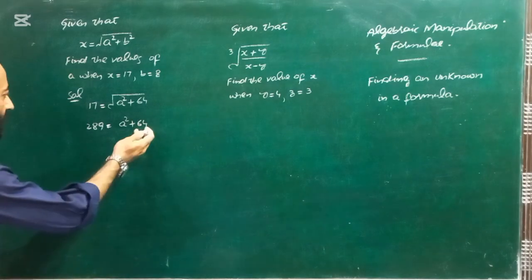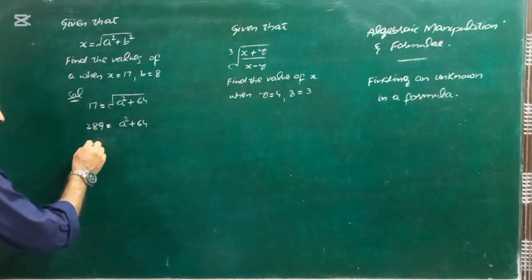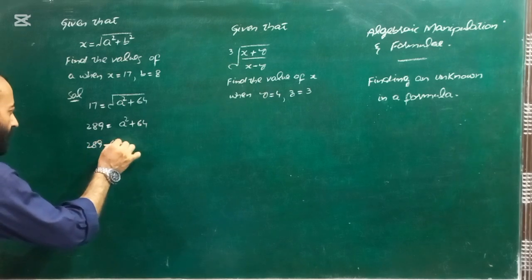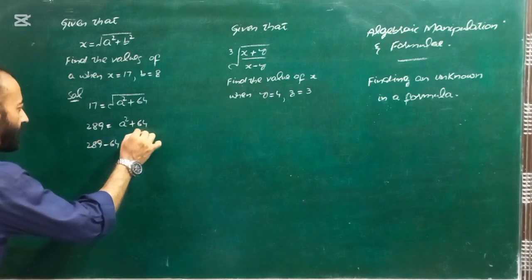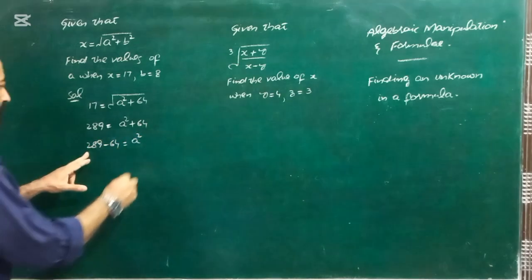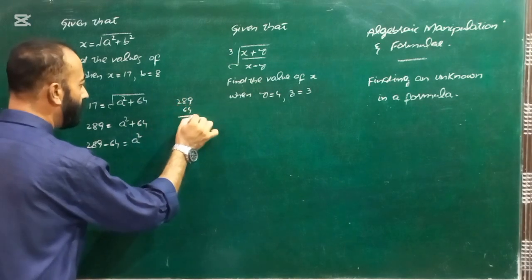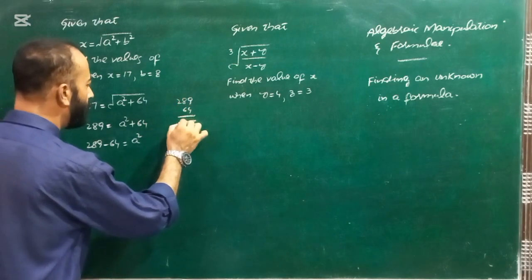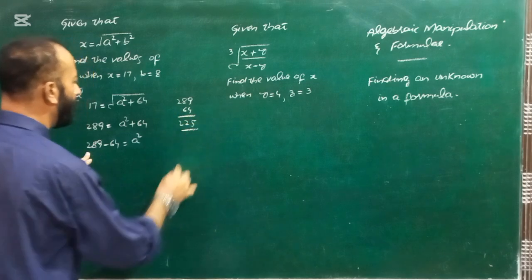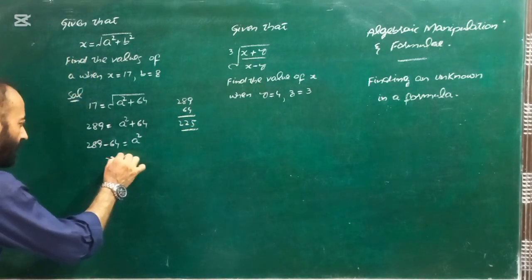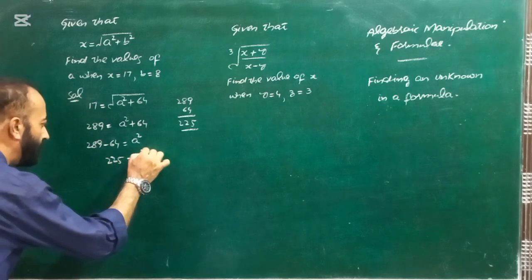At this step, you can see this plus 64 may come to the left hand side. So 289 minus 64. On the right hand side, a square is still left. So 289 minus 64 is 225. So 225 is left on the left hand side and a square is still left.